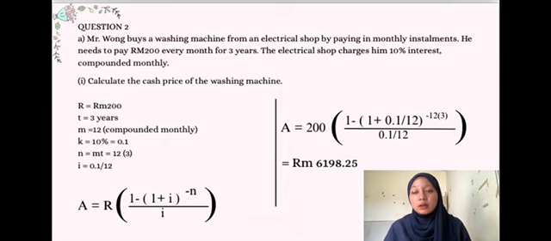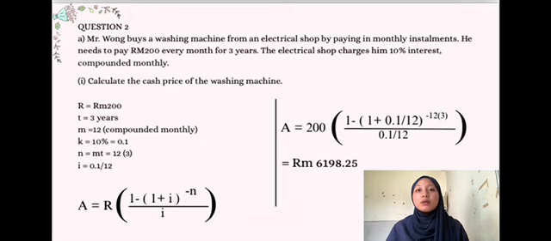In this question, you need to use formula A. A = R[1 - (1 + i)^-n]/i. Enter the items into the formula.